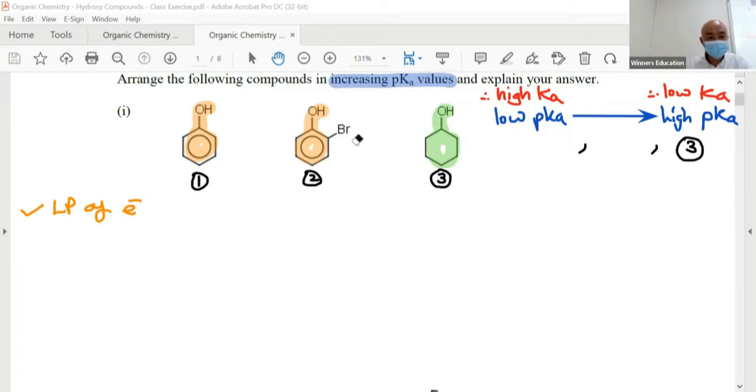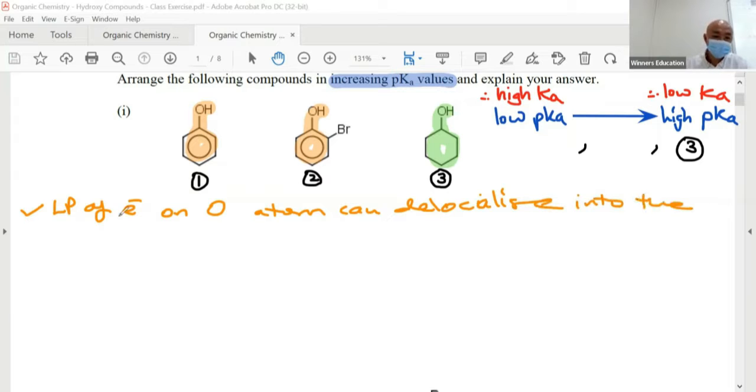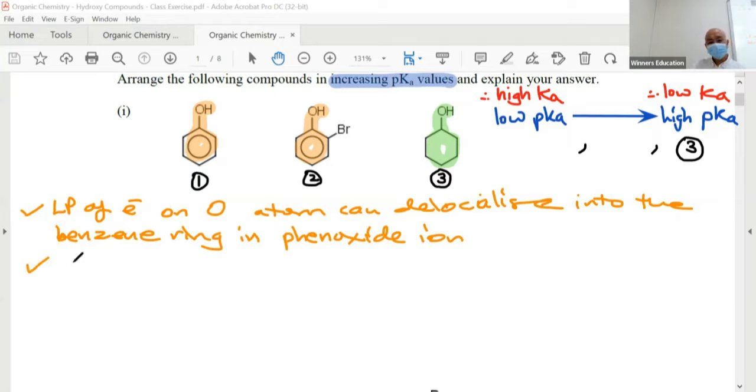On the oxygen atom. Can delocalize into the benzene ring. In the phenoxide ion. Okay, and then resonance stabilization occur. All right, they're more stable.